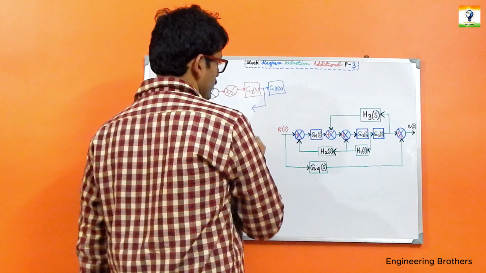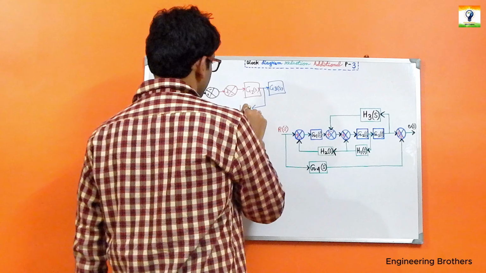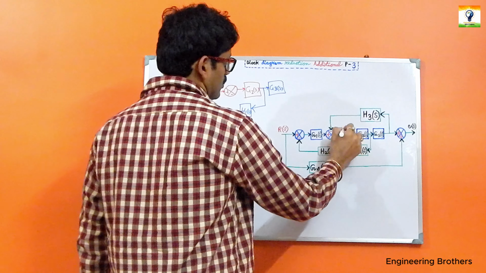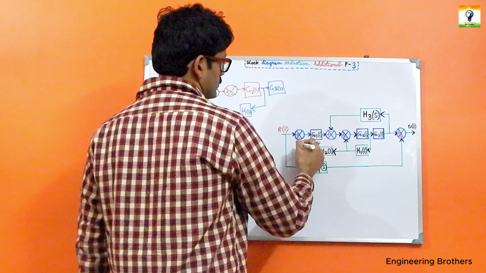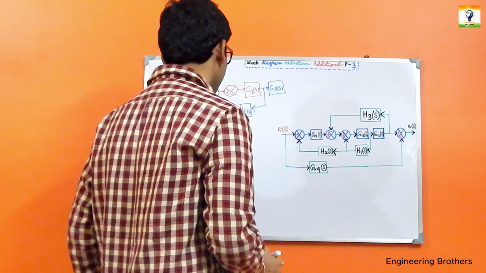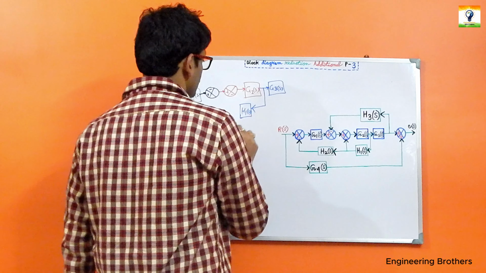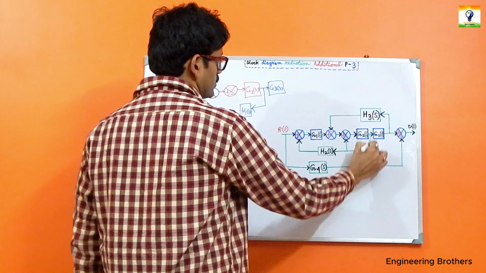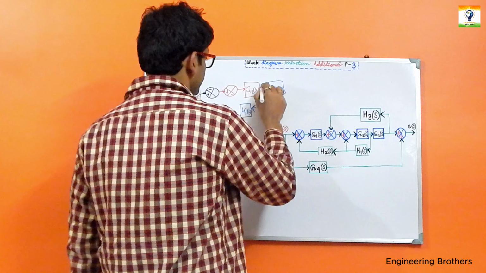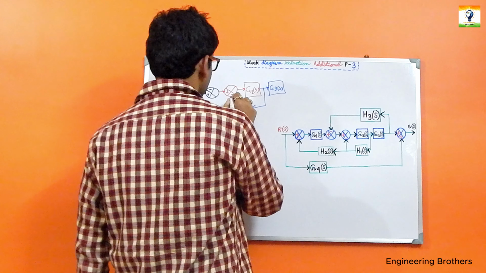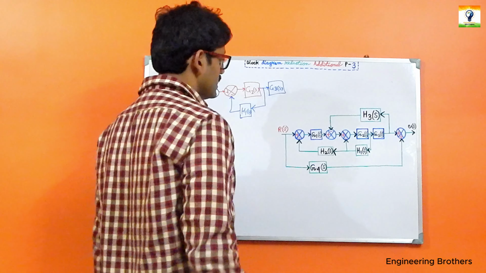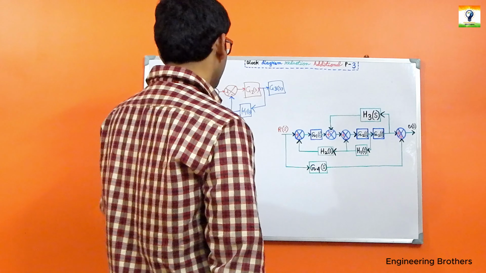Now I can separately draw the takeoff point. If we split that takeoff point into two paths, we have one path, and then another path. First I am going to consider only this path, which is H1(s) making an entry at the summing point.